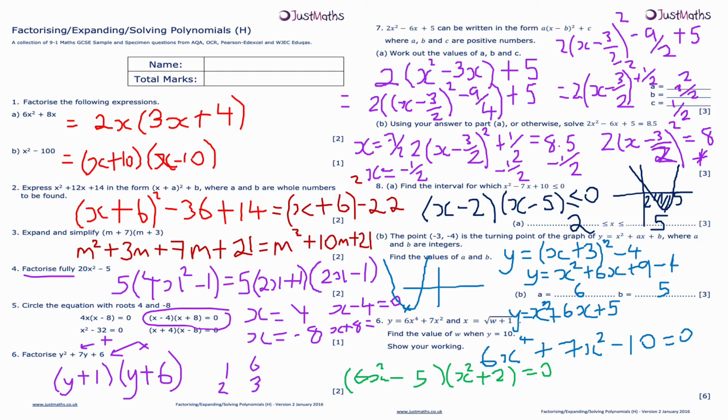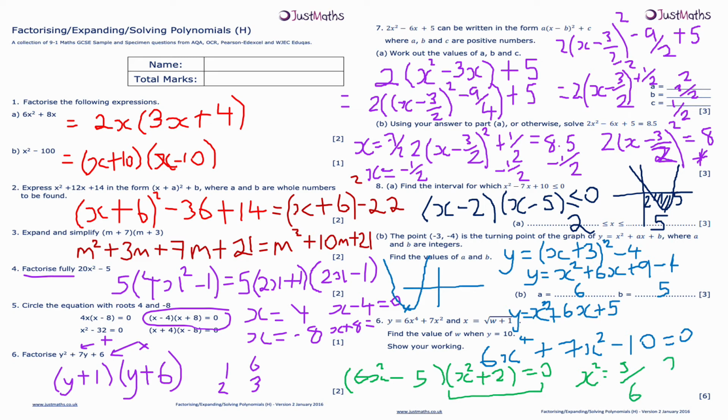So I'm going to be solving this equation here. So I'm going to have x squared is equal to 5/6, x is equal to plus and minus the square root of 5/6. Okay, so that's my solution when I solve this quadratic equal to 0.